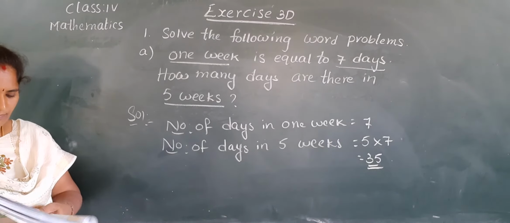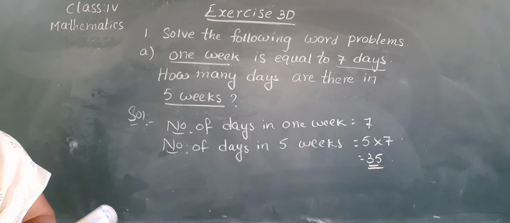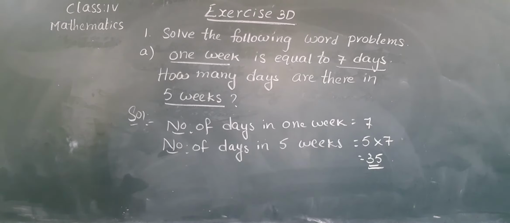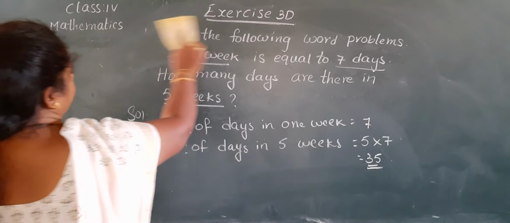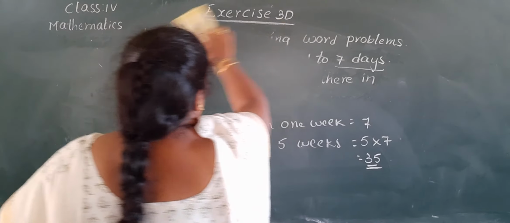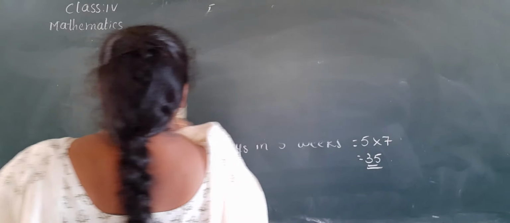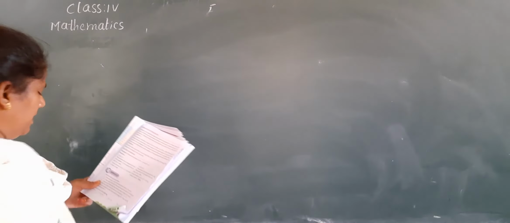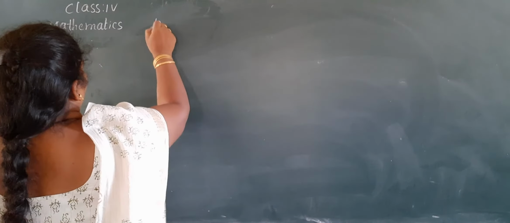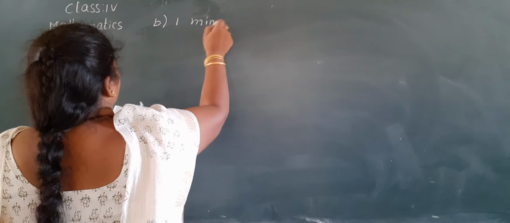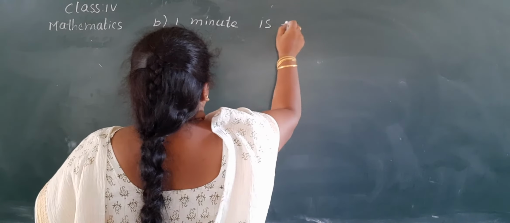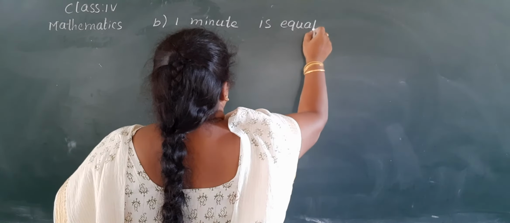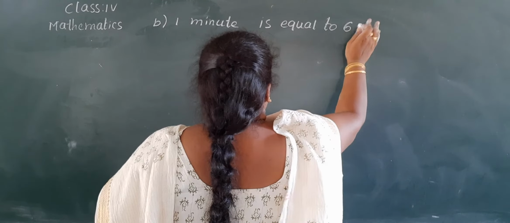Next, B. Note down B question, Nana. 1 minute is equal to 60 seconds.